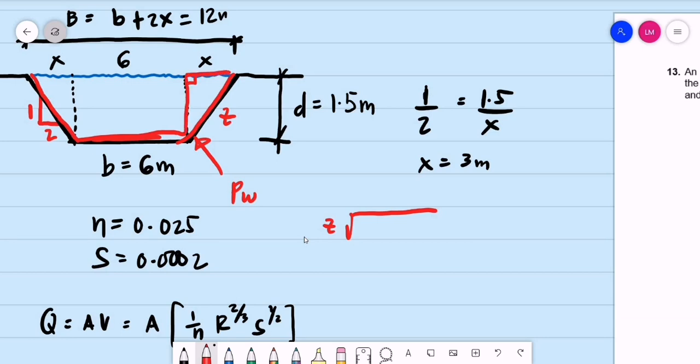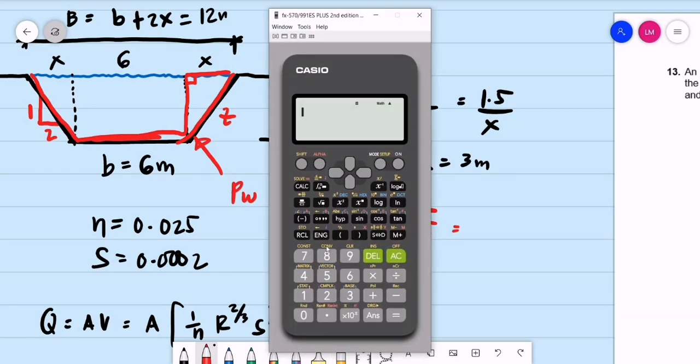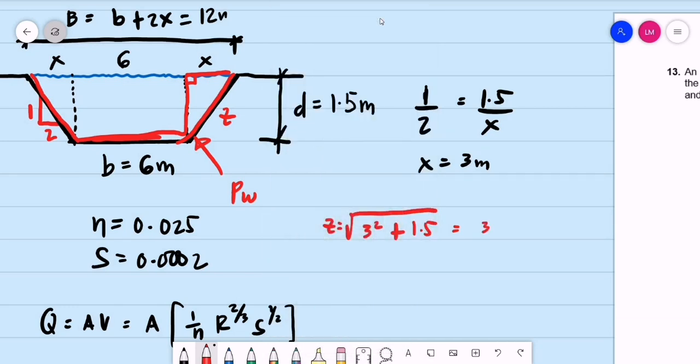The base is x, which is 3, and the height is 1.5 meters. So the value of z, the inclined side of the channel, is the square root of 3 squared plus 1.5 squared, that is 3 square root of 5 over 2.